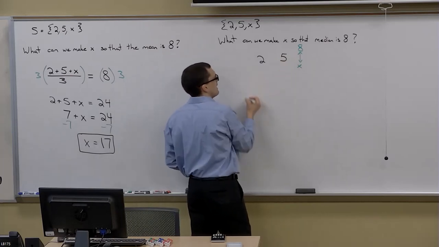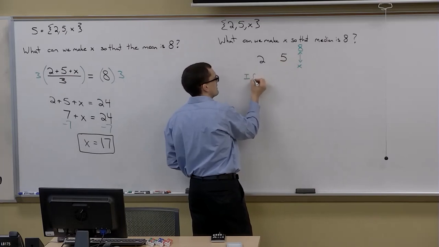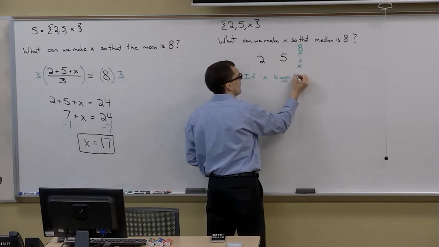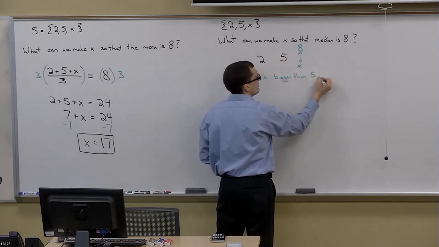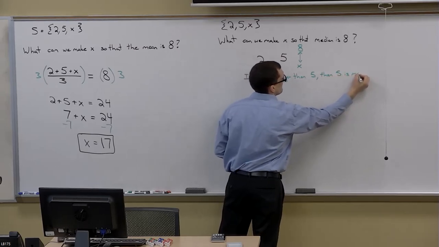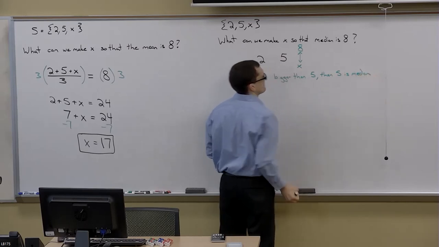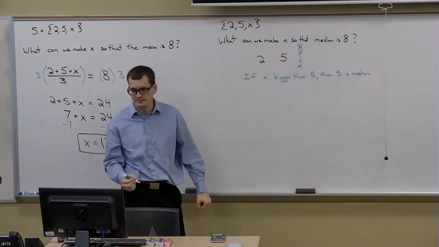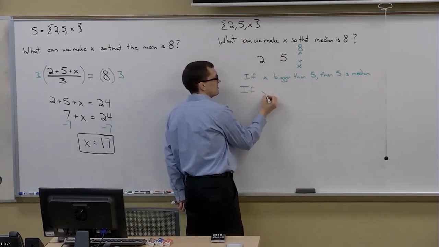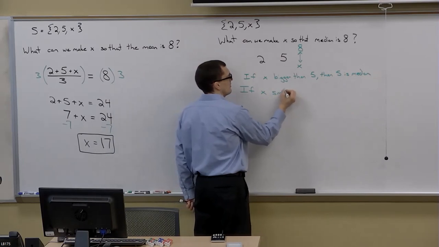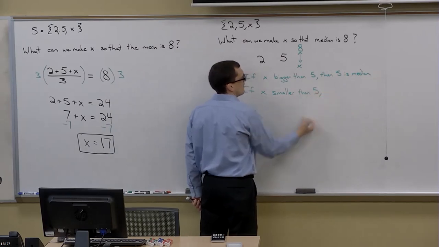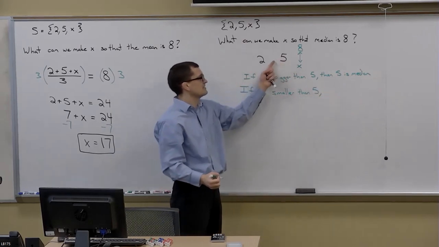So, if x is bigger than 5, then 5 is the median. But if x is smaller than 5, then the median is going to be below 5.